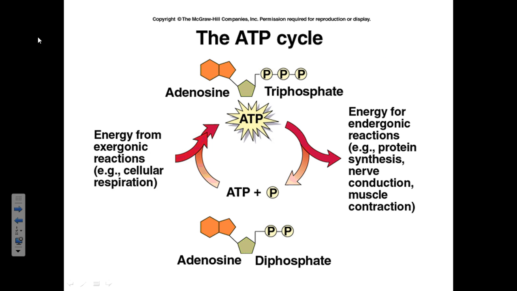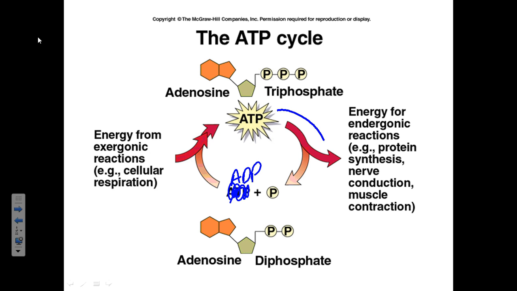All right, here's sort of how ATP works. Now there's a typo on this slide. That shouldn't say ATP, it should say what? It should say ADP. Just a mess up in the slide. Here's ATP. I want you to think of ATP like a battery that's charged. This is a charged up battery.